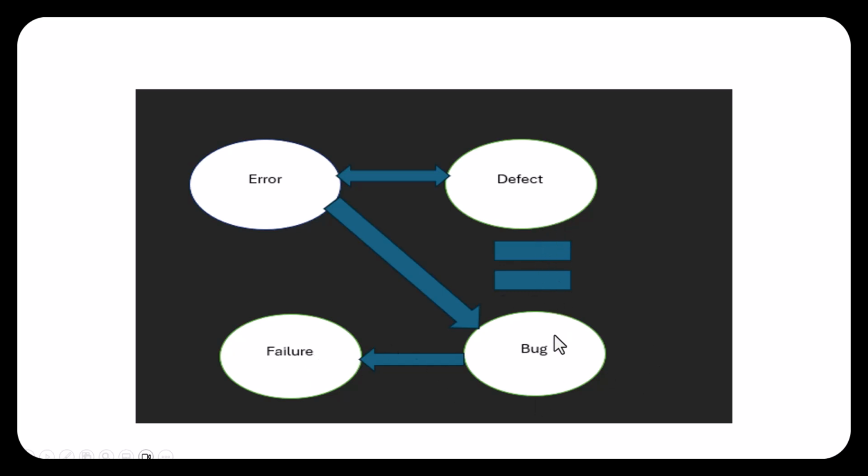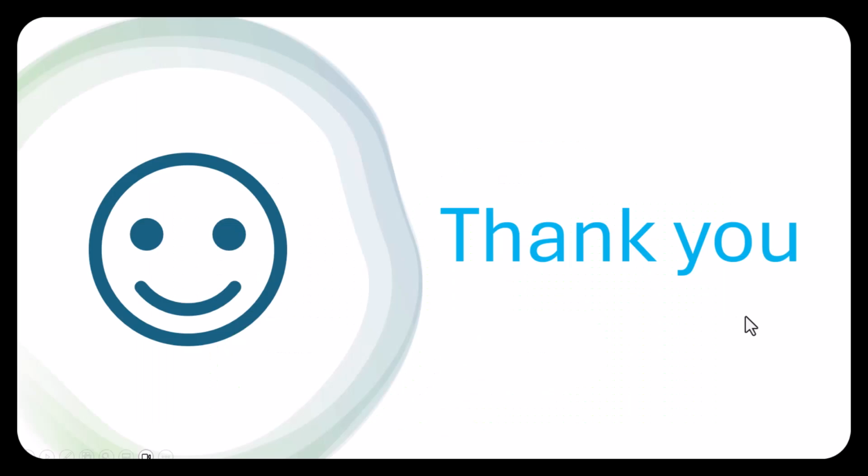Defect and bug are kind of the same. A defect is in the testing environment and a bug is also in the testing environment. If it is accepted by the development team and the developer is going to fix that particular defect or bug, we can term it a bug, and from bug it goes to failure.